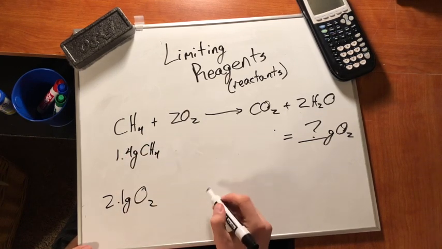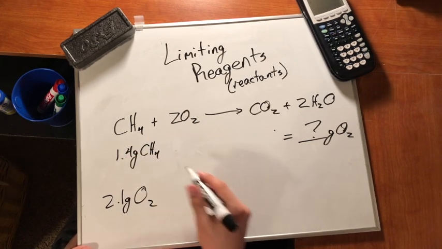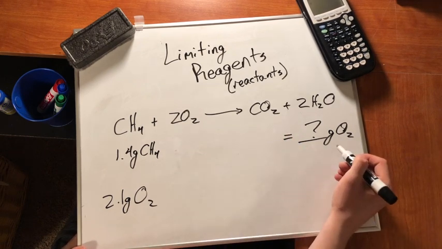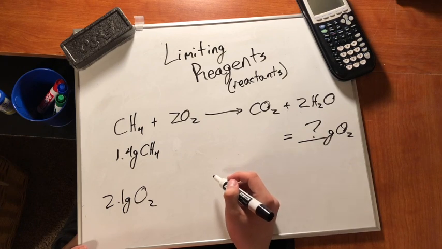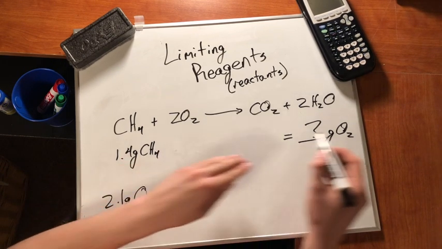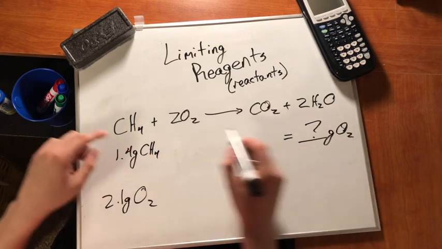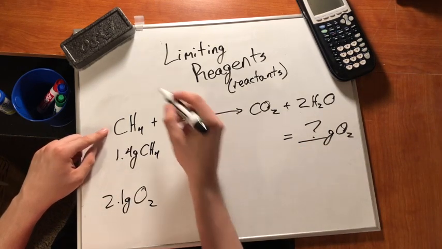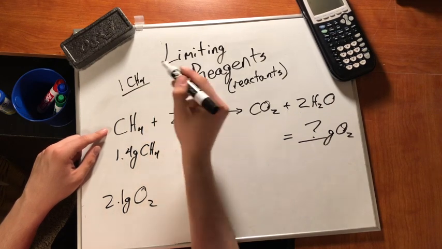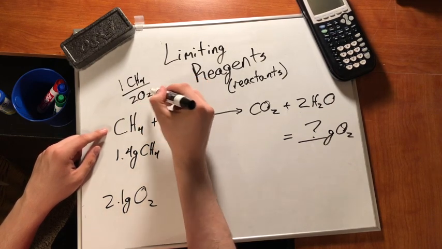Okay, and again, we're going to use our conversion factor. We know that we're going to want to convert to grams of O2. But in order to get from methane to O2, we have to use this ratio here, where for every mole of methane, I need 2 moles of O2.